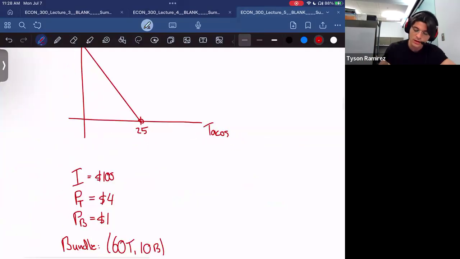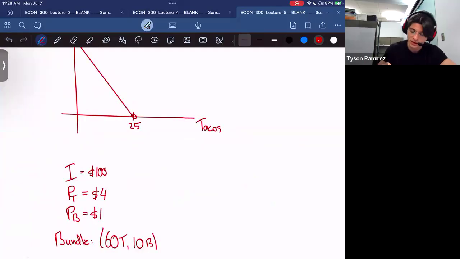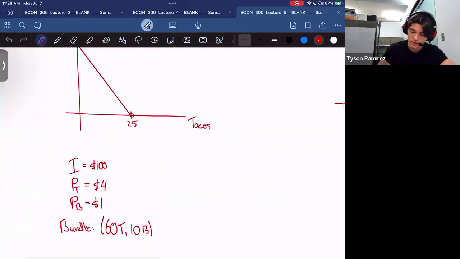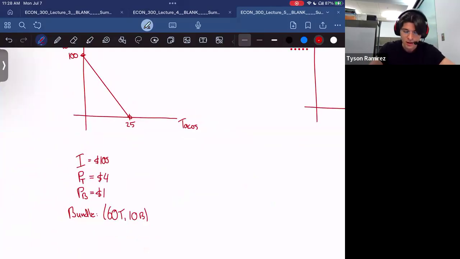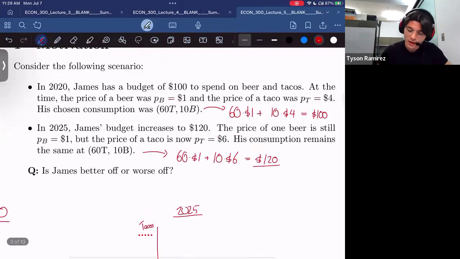And we said the bundle now is 60, comma... excuse me, I've written something backwards. Sorry about that. I had incorrectly copied something down.